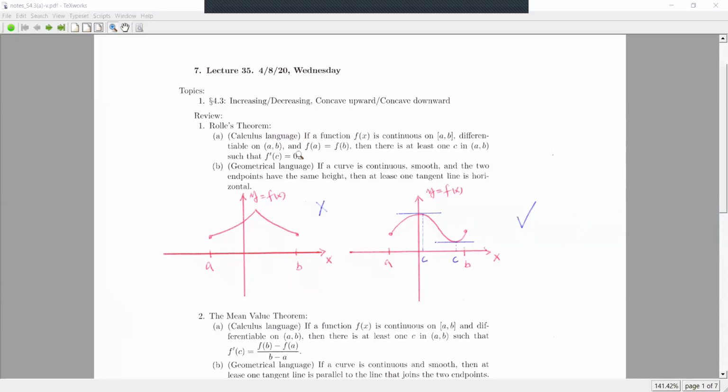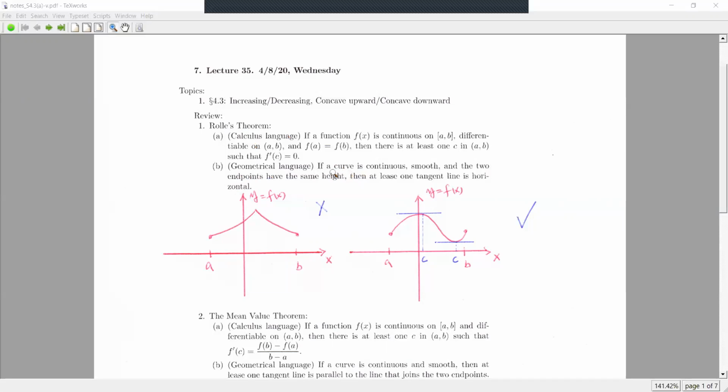This is calculus language. In geometrical language, a function is a curve, differentiable everywhere on this open interval. That means that over this open interval, the curve has no corner. In other words, the curve is smooth everywhere. So in geometrical language, Rolle's theorem is like this.